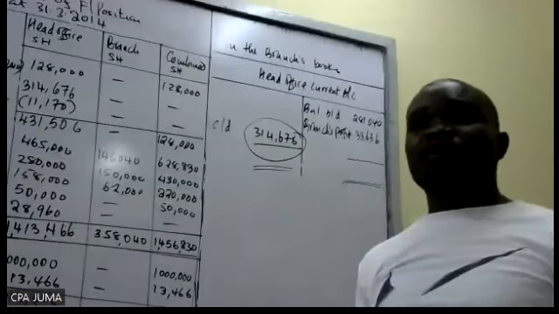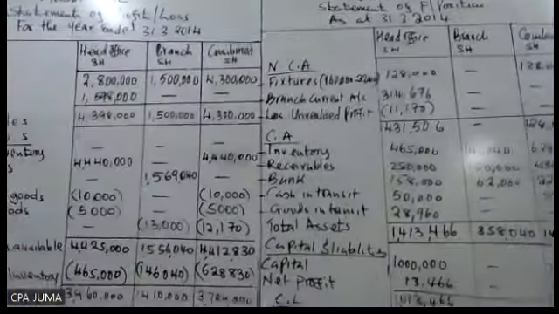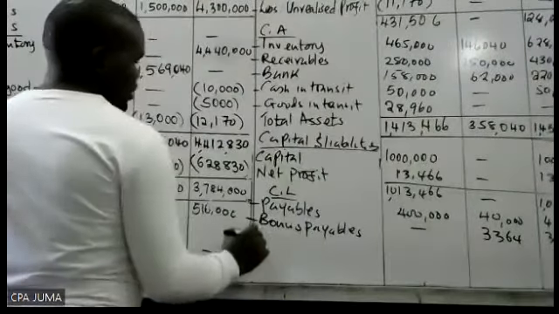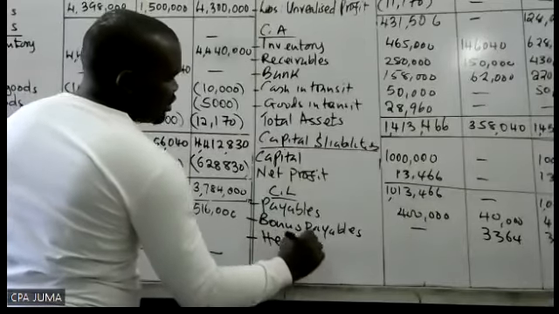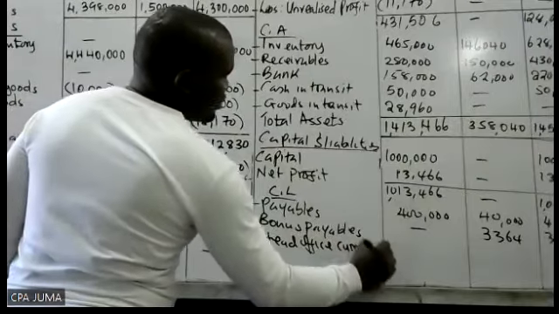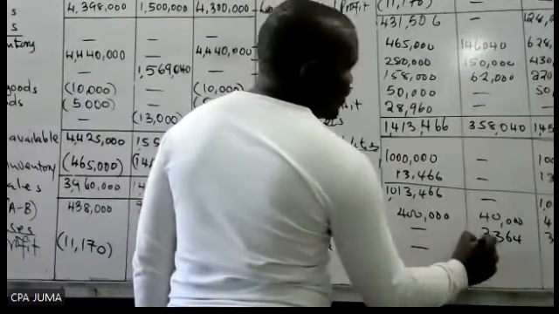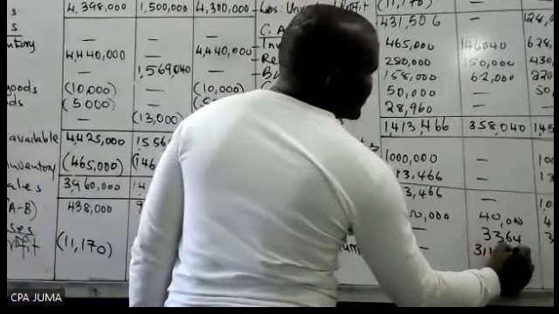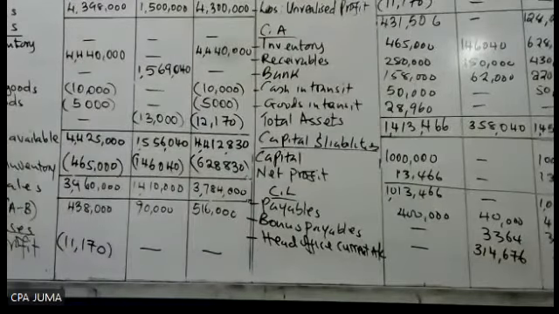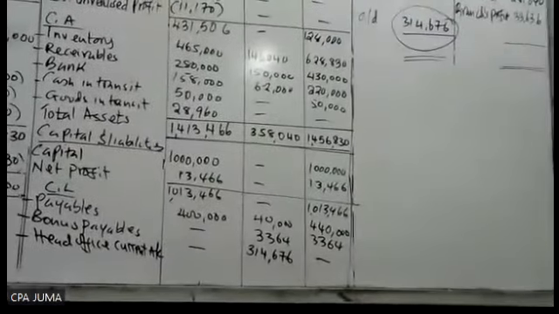So it is a debt to them. You bring it as a current liability. So head office current account is 314,676. It does not go to combine. That is your own internal affairs.